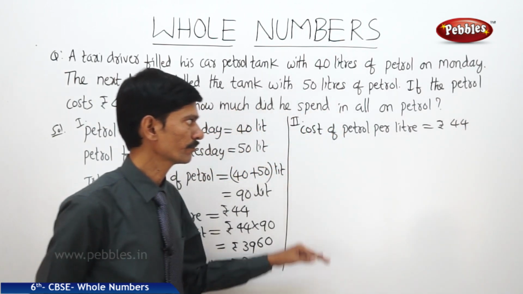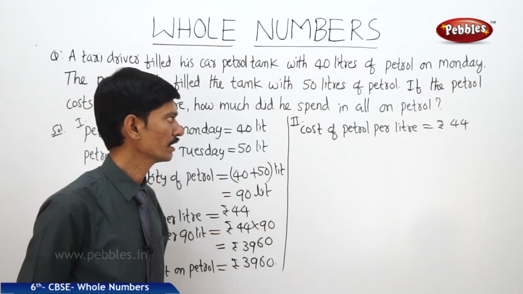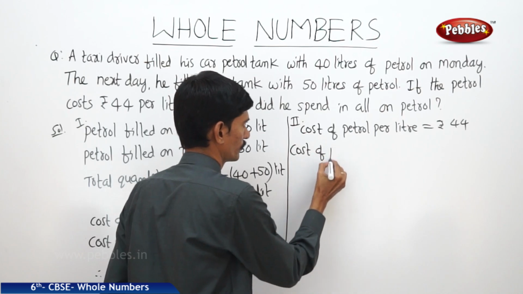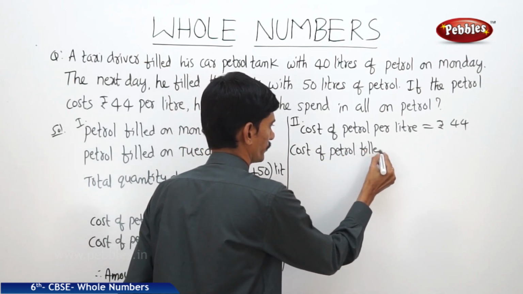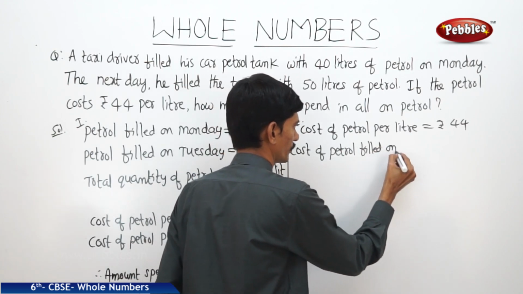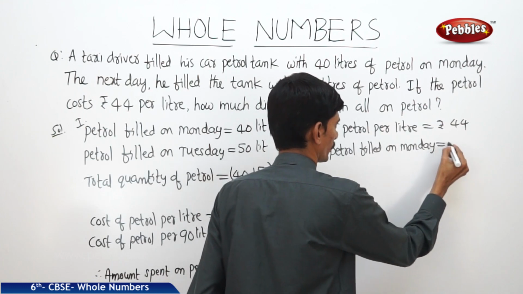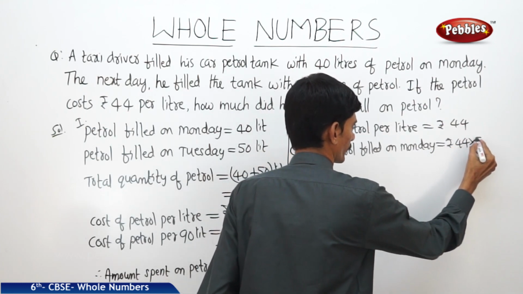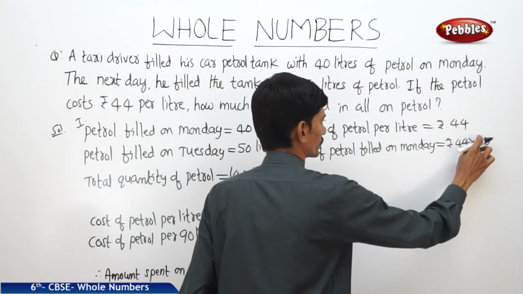Now the taxi driver filled 40 liters of petrol on Monday, so the cost of petrol filled on Monday equals 44 into 40 liters.